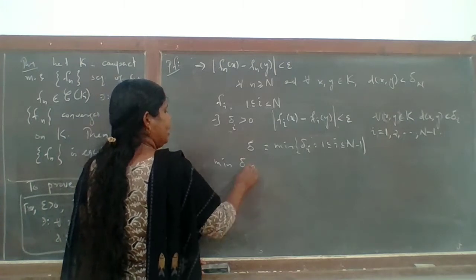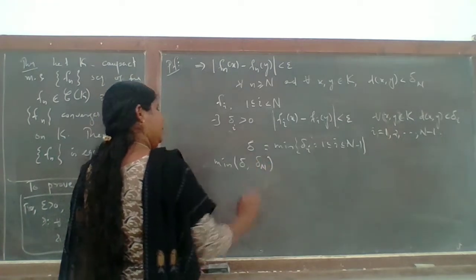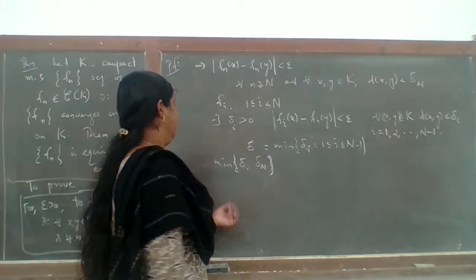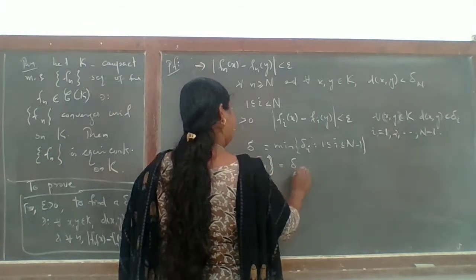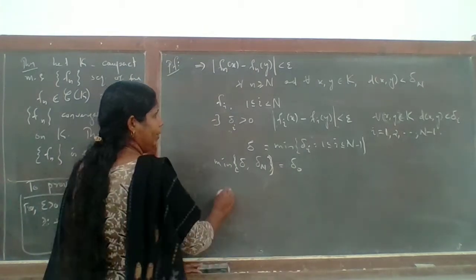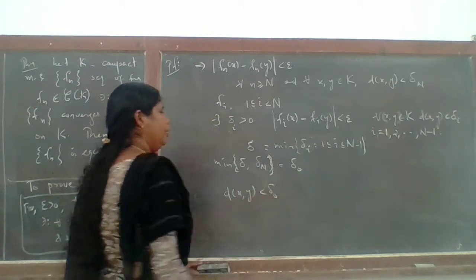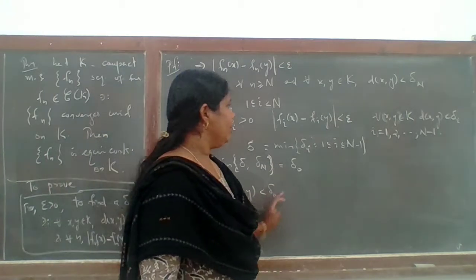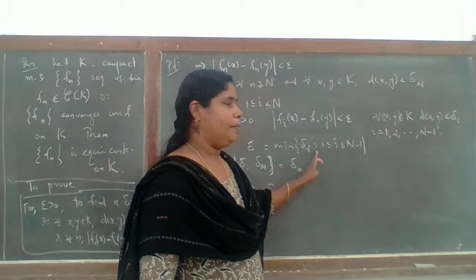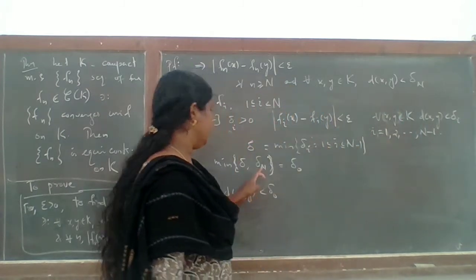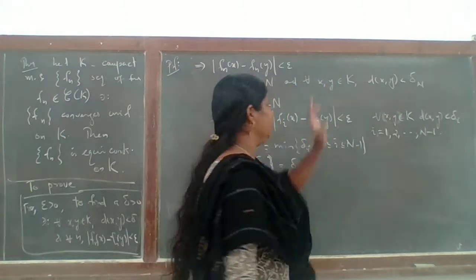And then you take the minimum of delta and delta_N, the minimum of these two values. If this is your delta_0, then whenever d(x,y) is less than delta_0, as delta_0 is less than or equal to the delta_i's, this is also satisfied. As delta_0 is less than or equal to delta_N, this also will be satisfied.